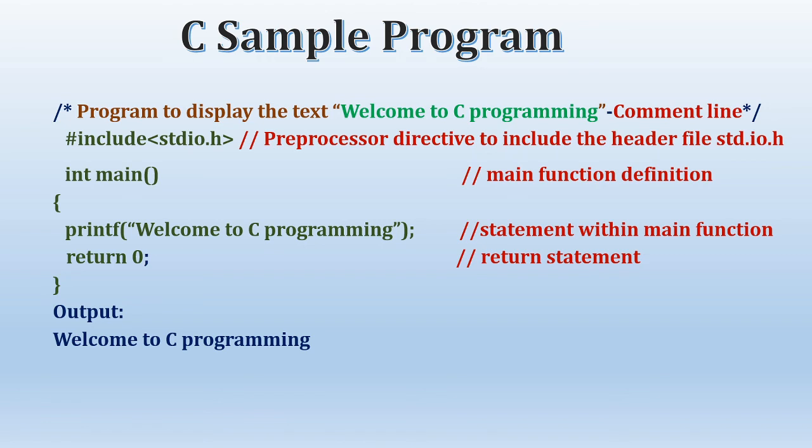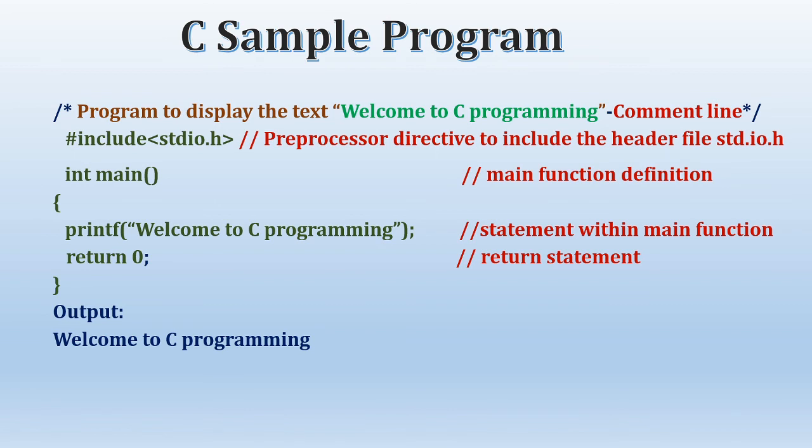Then after writing main, within the main, with the help of this printf statement, welcome to C programming is written within double quotes. Anything written within double quotes in printf is taken to be a string.